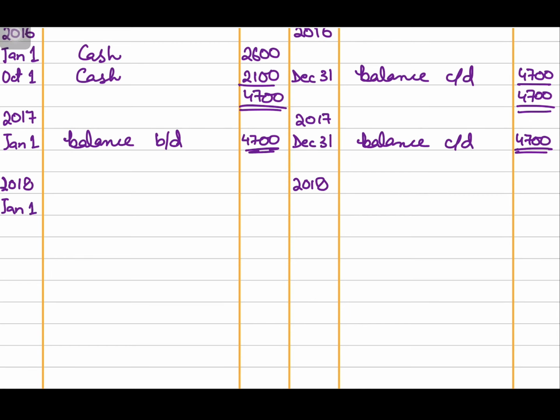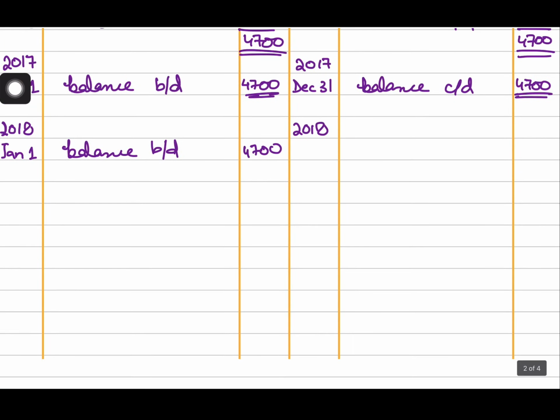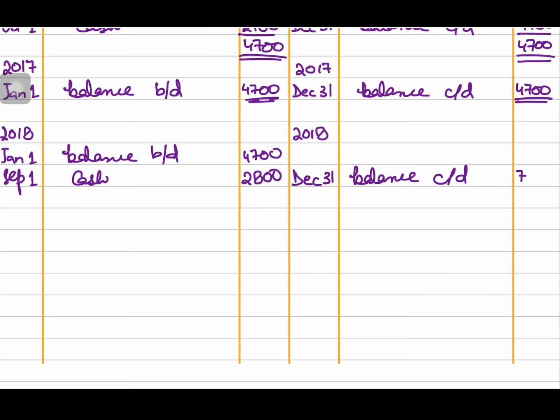January 1st, balance brought down. Now what is happening in 2018? We are again purchasing an asset on 1st of September amounting to 2800. Right, now just the balance carried down figure, and that will be 7500. Now let's move to year 2019.